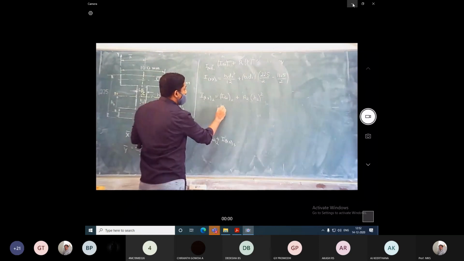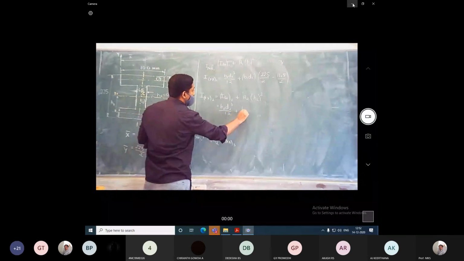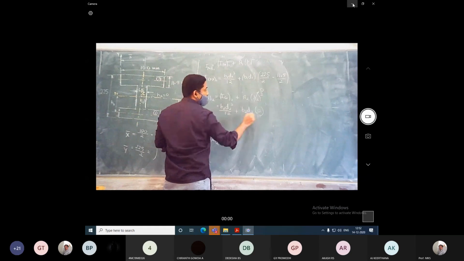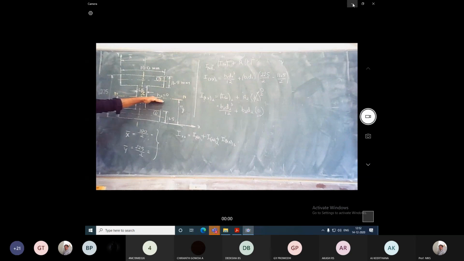So it is equal to b2 d2 cube by 12. Same b2 d2, so this portion is 0, since h2 is 0. So this entire term will be 0, as the centroidal axis and the neutral axis for the original section coincide.